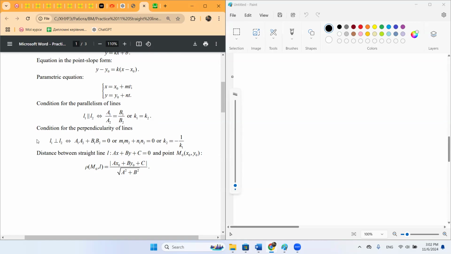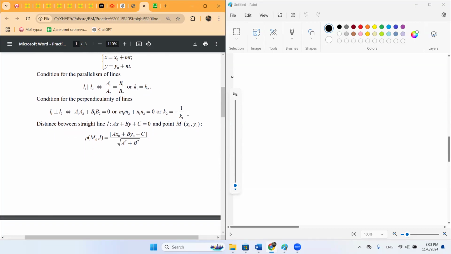And lines are perpendicular if and only if, basically, you remember from vector algebra, the scalar product of normal vectors is 0, or the scalar product of direction vectors is 0, or in slopes form, k2 equals -1 by k1, so inverse proportion.